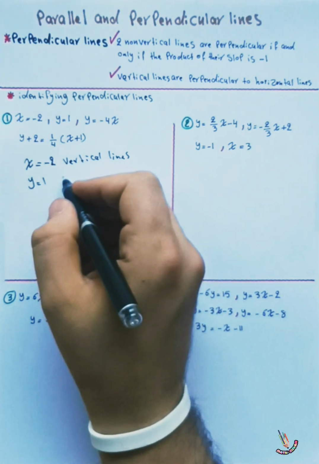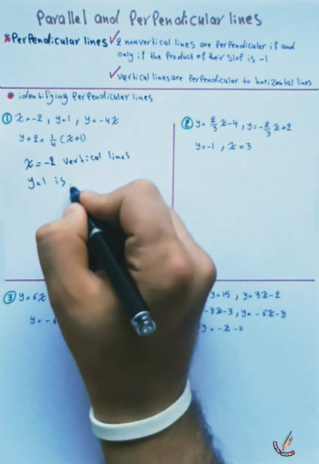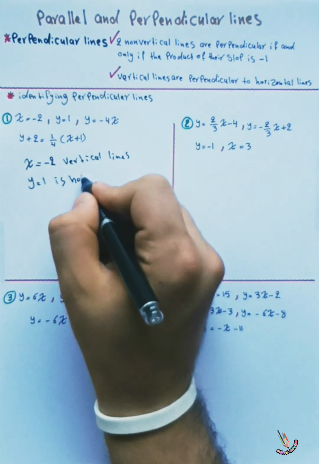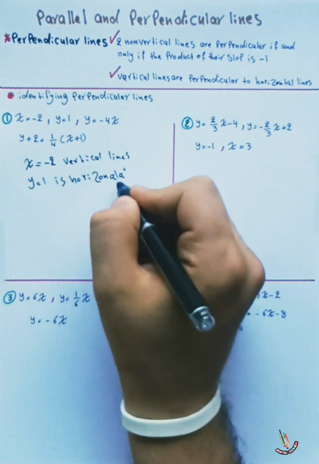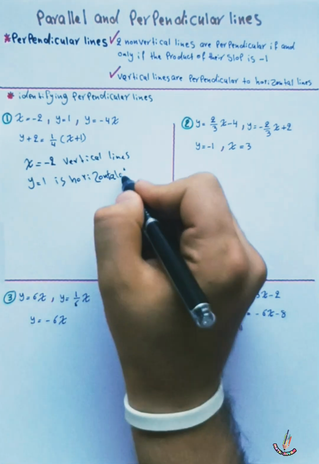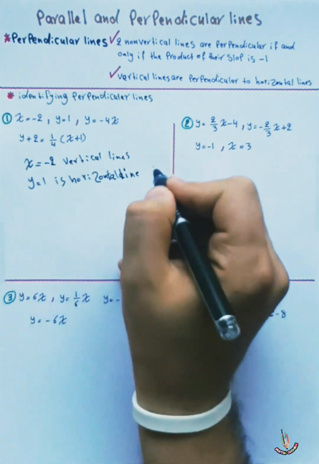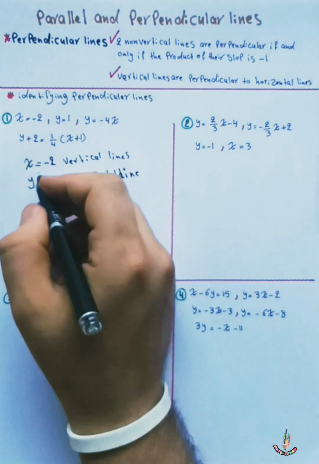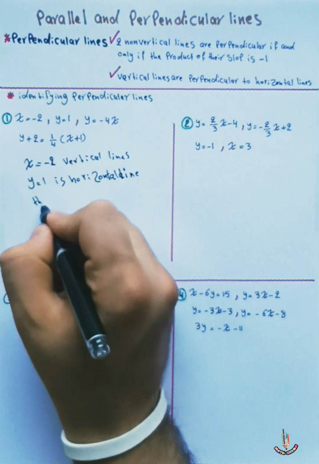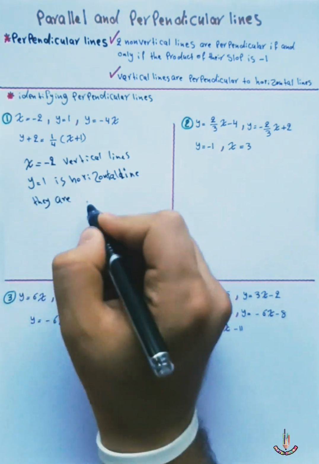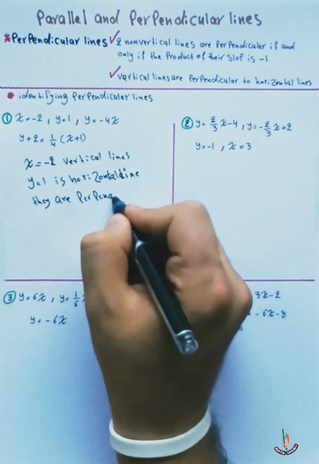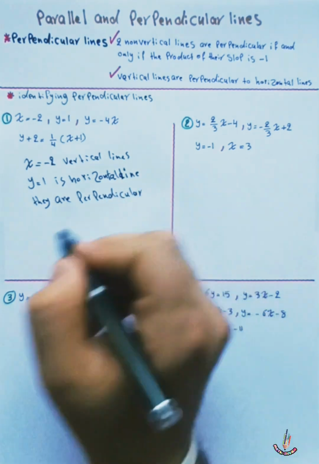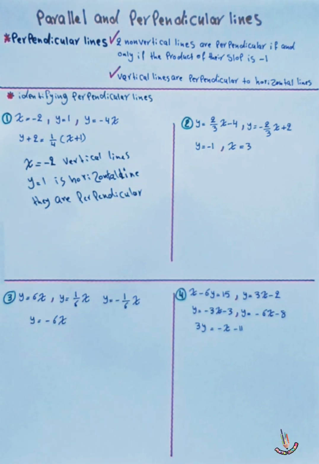So this is a horizontal line. So we can say these two lines are perpendicular, because vertical lines are perpendicular to horizontal lines.